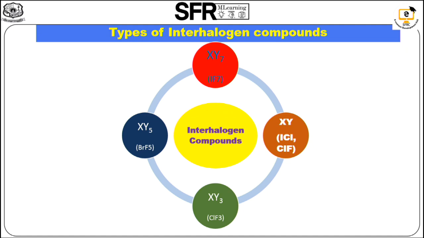The best example for this is BrF3, and for the type XX'5 the example is BrF5. The last type is XX'7. Only one compound is available for this type. The best example for XX'7 is IF7. In the next slides we discuss their structures and their applications.